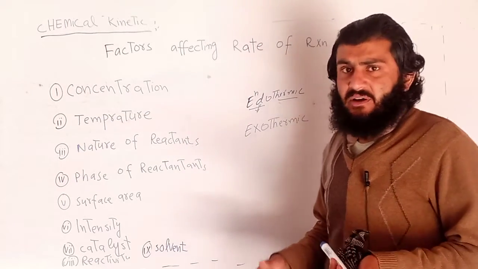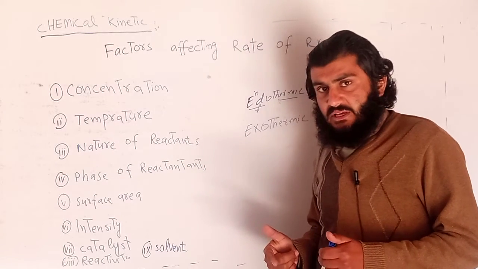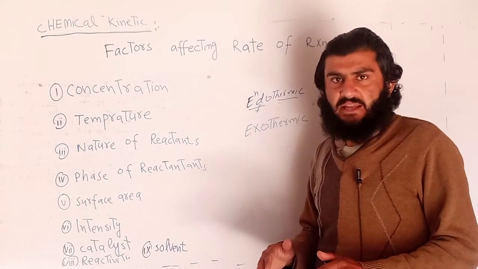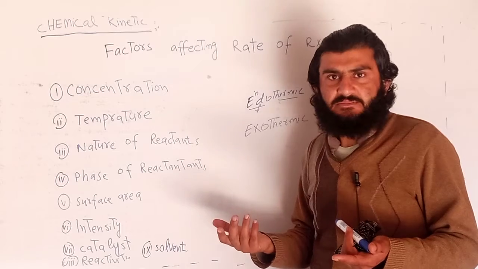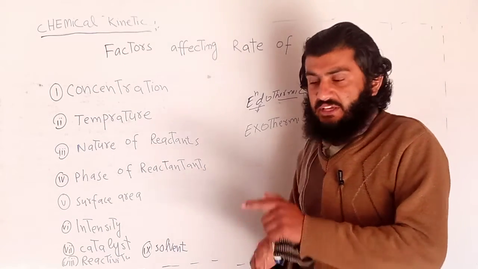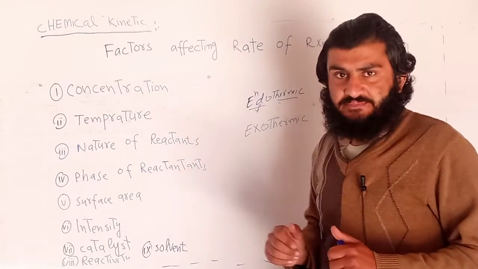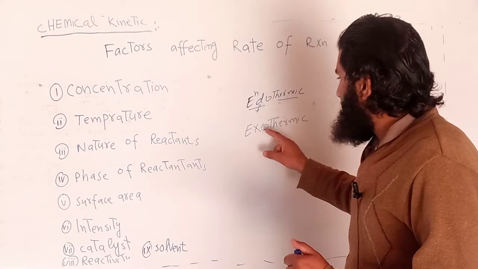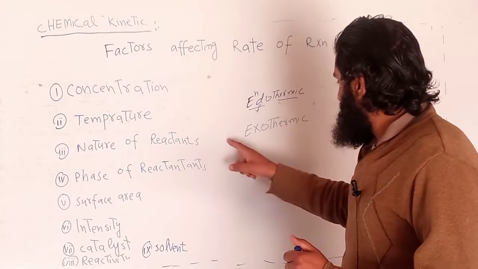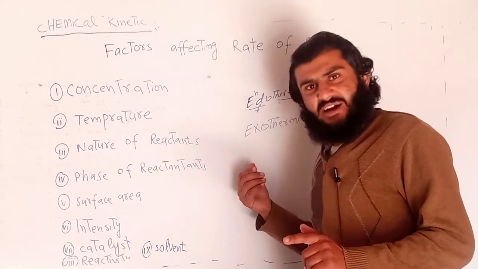When we increase the temperature for such reactions, the rate of reaction increases. But there are some other types of reactions where, when we increase the temperature, their activity decreases. Clear? They become inert, because they are exothermic. They want to lose energy, not absorb it.